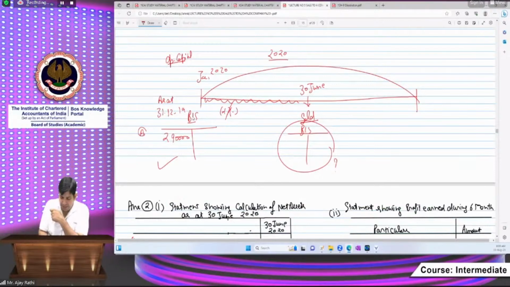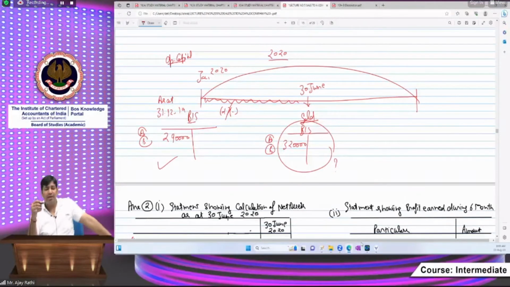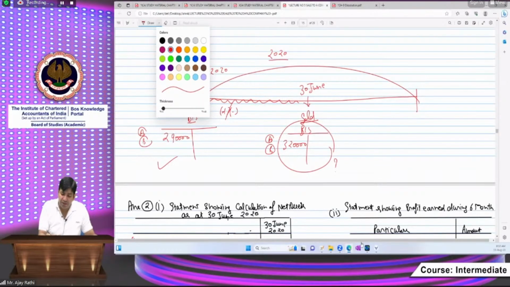If A and B are having 2,90,000 rupees capital as opening capital, and suppose we prepare a balance sheet as on 30th June and we find the capital balances total 3,20,000, can you please tell me what amount of profit they have earned during these 6 months?